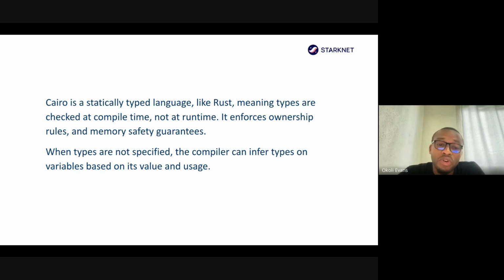I mentioned it before. There are some instances where, if you don't pass the type, the compiler can easily tell the type based on the value. Maybe it is a number or a letter or letters, that kind of thing.